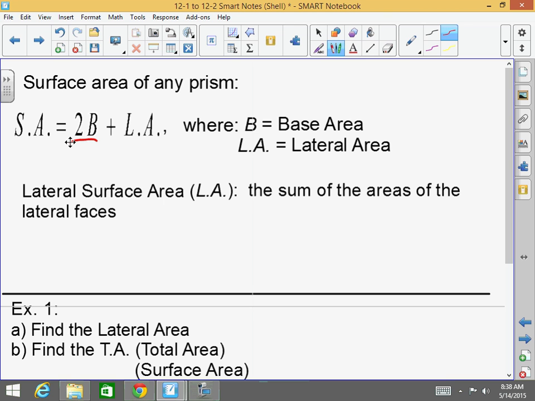Remember what I told you at the beginning of this lesson. You're going to have to be able to find the area of any base they give you. So that's why you need to remember the formulas for all the different types of polygons that are out there. Because I may give you a trapezoidal prism. You have to find the base area, which would be the area of a trapezoid. I may give you an octagonal prism.